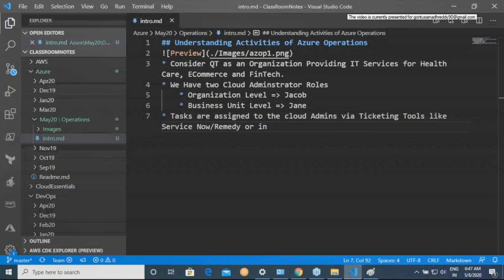Or in some agile projects. For the people who don't know agile, whenever you get a reminder from Quality Thought saying that if you want agile, please attend this class, please attend that.